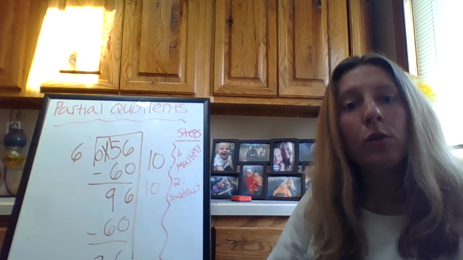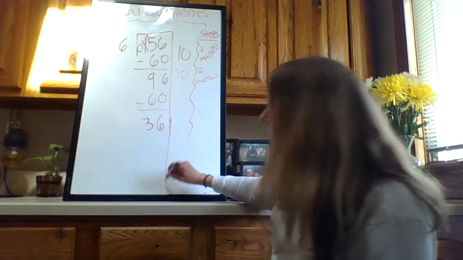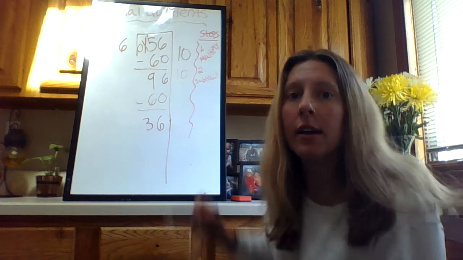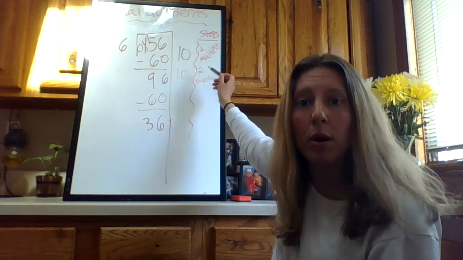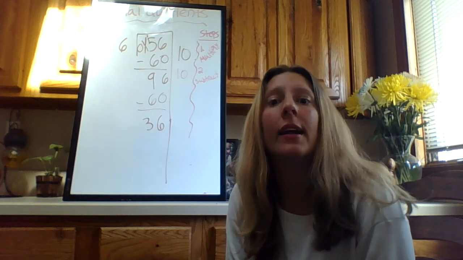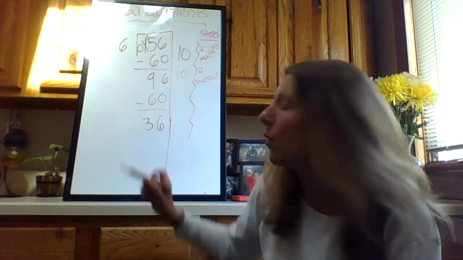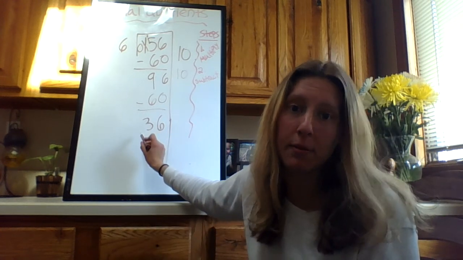Now that I have a new number, I can start back at step 1, which is to multiply. So I already know that I can't use 10 again because 10 times 6 is 60. We can't go over the number in the box.